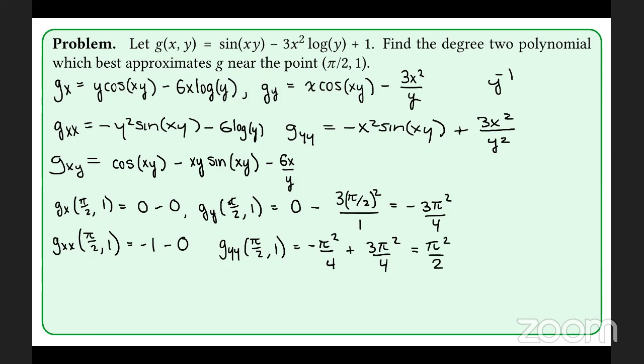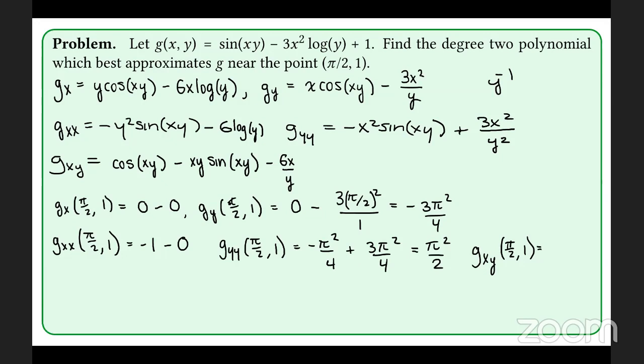And last one, g mixed is, okay, cos of xy, that's cos of pi over 2, which is 0.